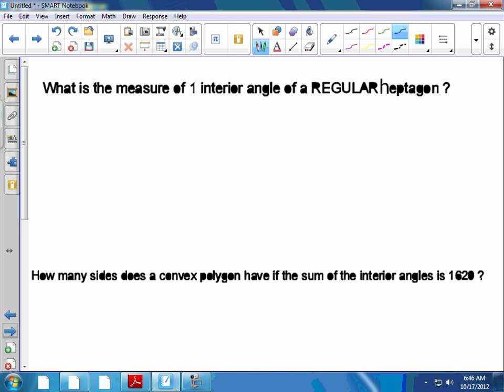Now, what's the measure of one interior angle of a regular heptagon? Here, we've got 7, because there's 7 angles in a heptagon, right? So 7A is going to equal 180 times 7 minus 360. 180 times 7 minus 360, we get 900.